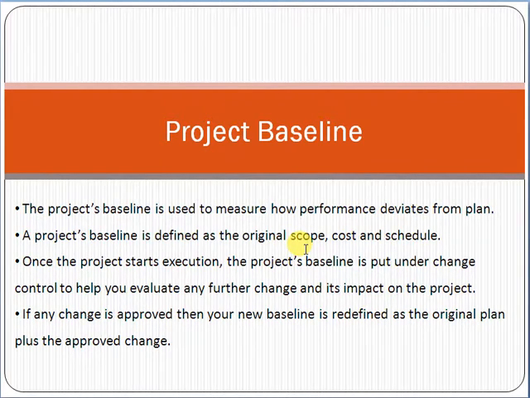Similarly, the schedule was 5 months and you have spent 6 months, so you have deviated from the original schedule as well. Basically, the concept of baseline is to measure the performance and the deviation from the plan. So this is called the concept of baseline.